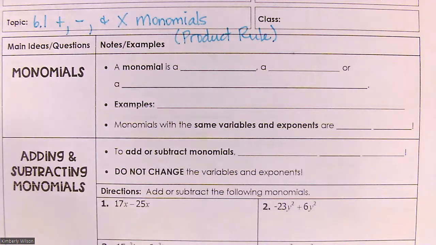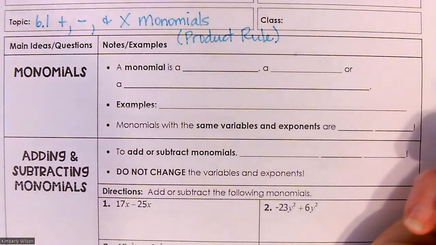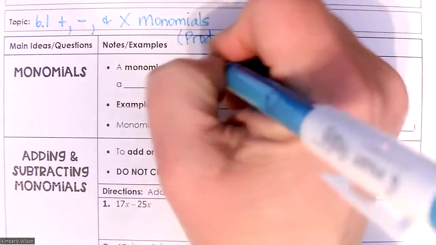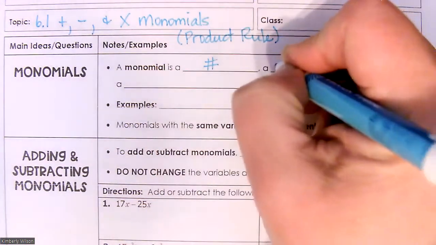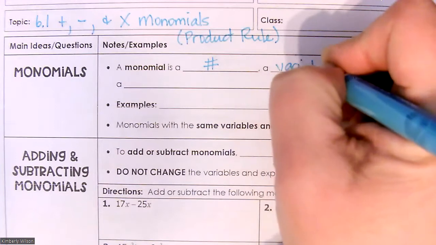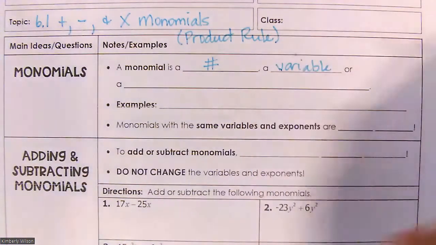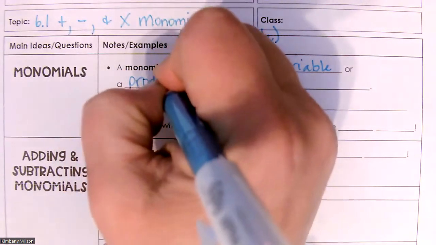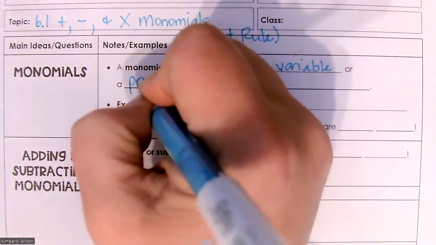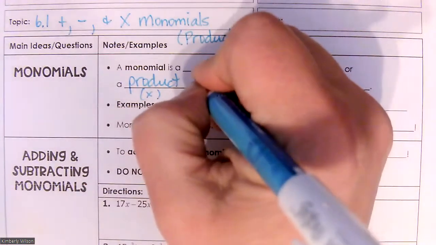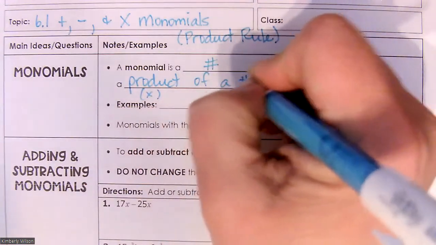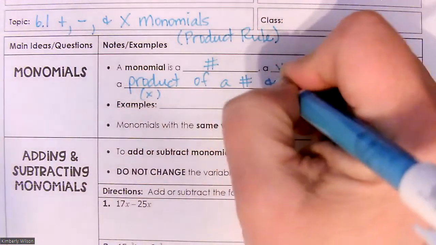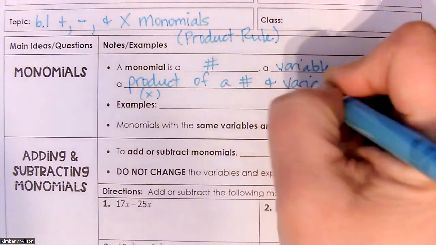Here we go. So a monomial is a number or a variable or a product, which means multiplication, of a number and variables.